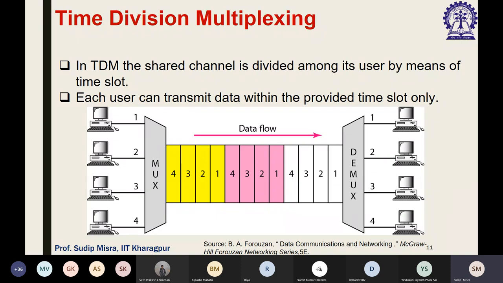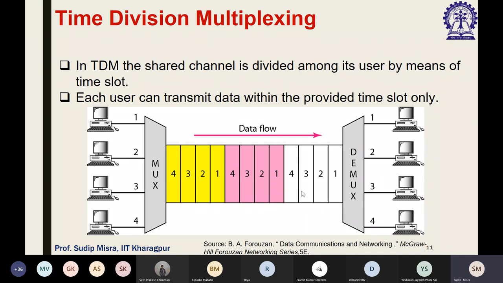Let us say we have 1, 2, 3, and 4 users. Their data are going to be multiplexed with the time division multiplexing technique. You split the time domain into different slots, assign each of the input links to the different slots, and rotate this technique, right?